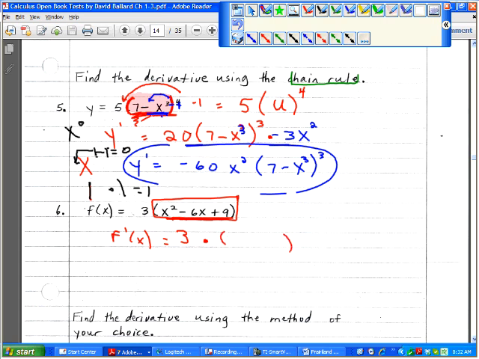And we have a sum, or difference. The derivative of the first part is 2x minus the derivative of the second part is 6 plus the derivative of the third part is 0, so it goes out. Let's see what we got to there.